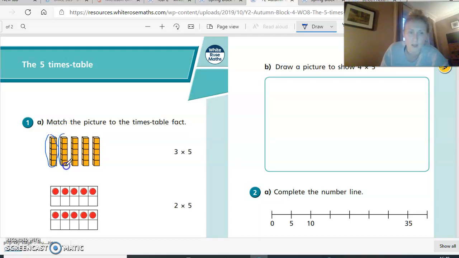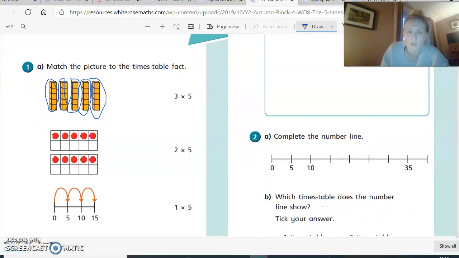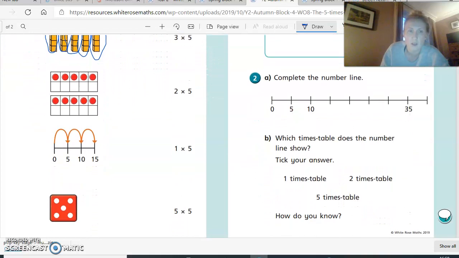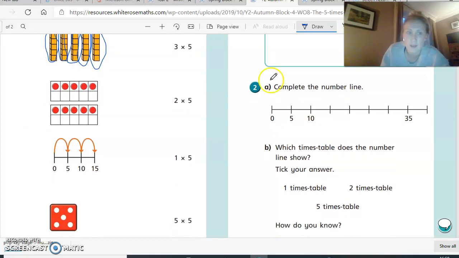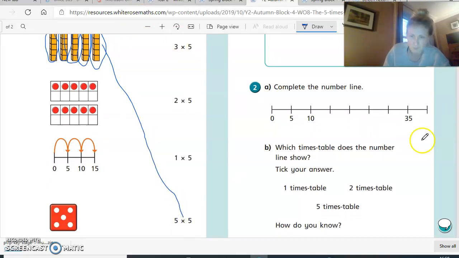I'm sorry, it's not very neat. It's not ideal doing this on a computer like this. So I know I've got 5 groups of 5, so I'm going to match that up to my 5 groups of 5 here.